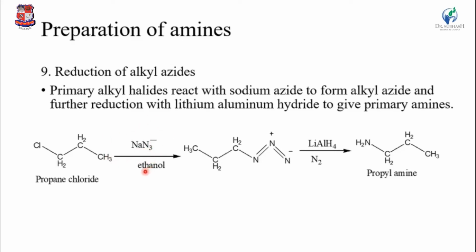Okay, in the presence of ethanol, making the alkyl azide, N3 minus is present here, so an alkyl azide group. Further reduction with lithium aluminum hydride, N2 is removed because one amine group is attached here. Then this is propyl amine, this is a primary amine.